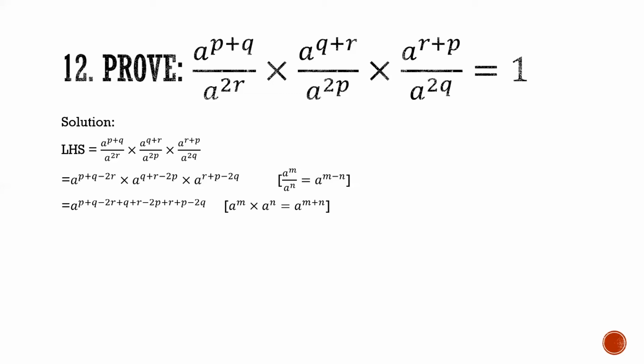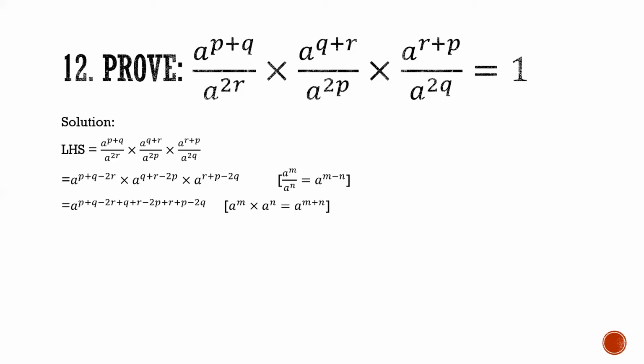If we add them, here we have p, then minus p, minus 2p, so p's are cancelled, then q plus q minus 2q, q's are also cancelled, then the last term we have left is r minus 2r plus r plus r, so all the r's are also cancelled.